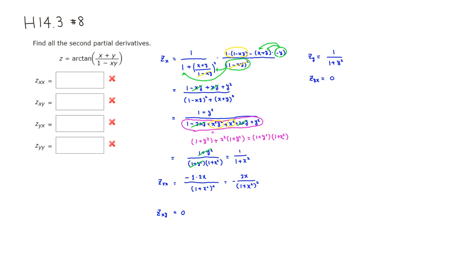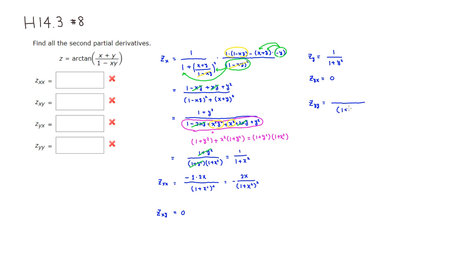All right, so the last one. We want to find the second partial of z, both with respect to y. So again, we're going to do the same thing, and we can just use the quotient rule.